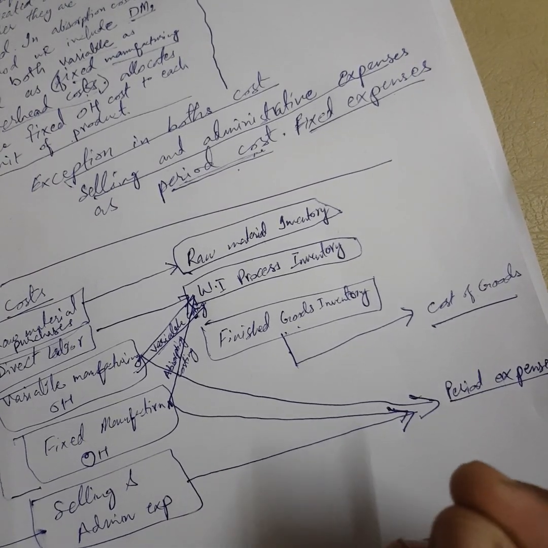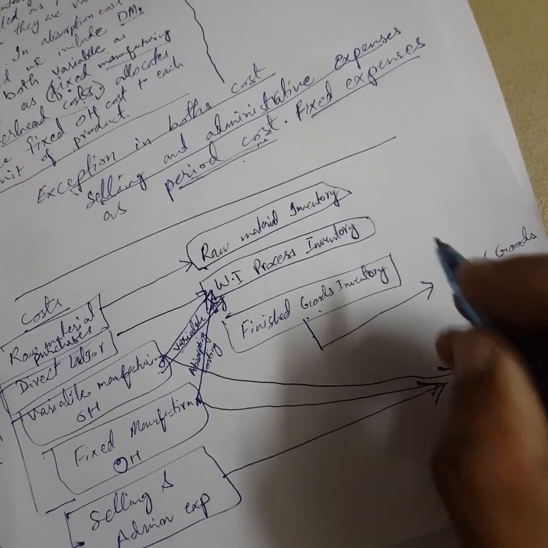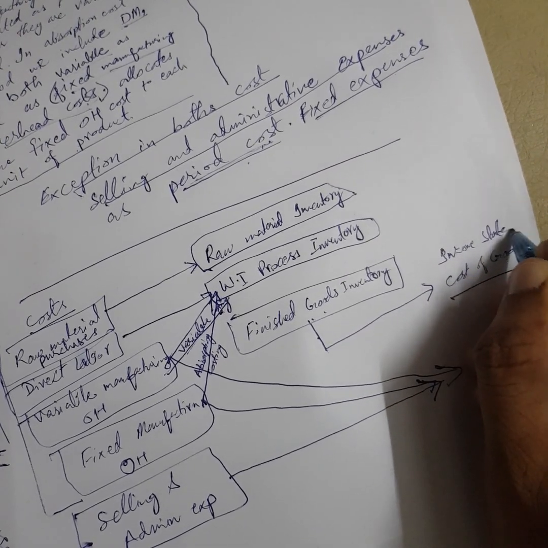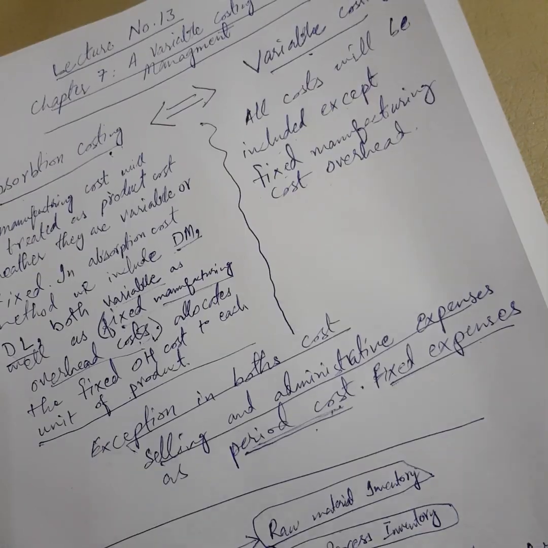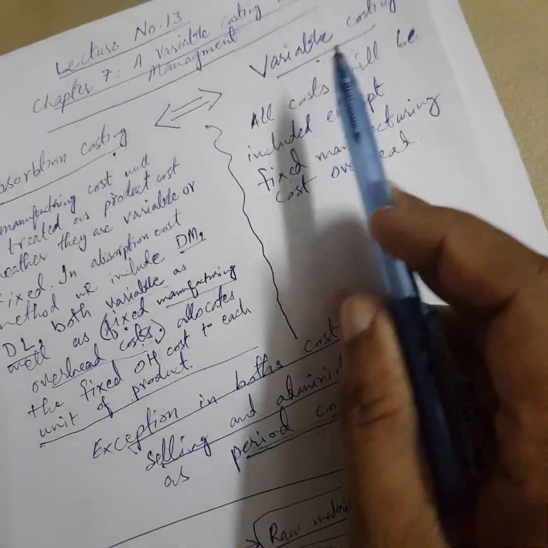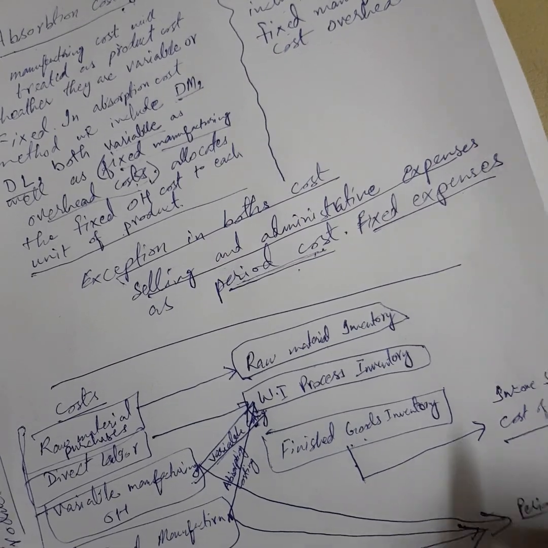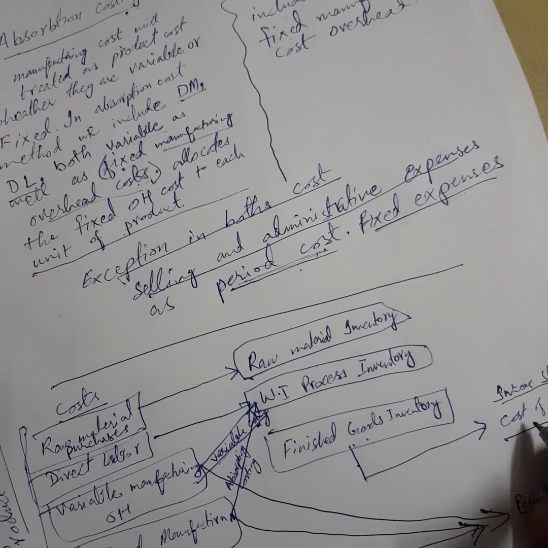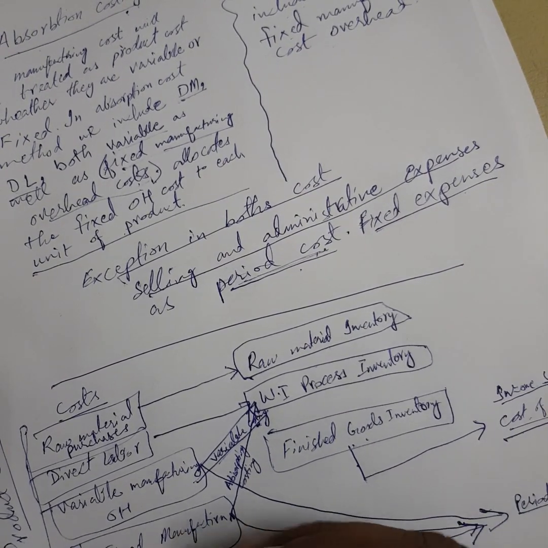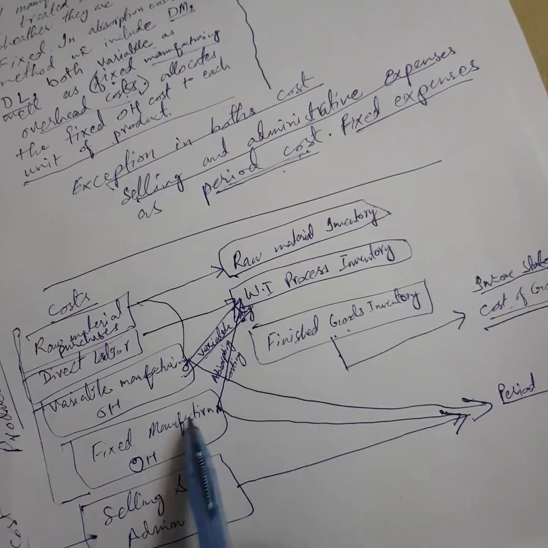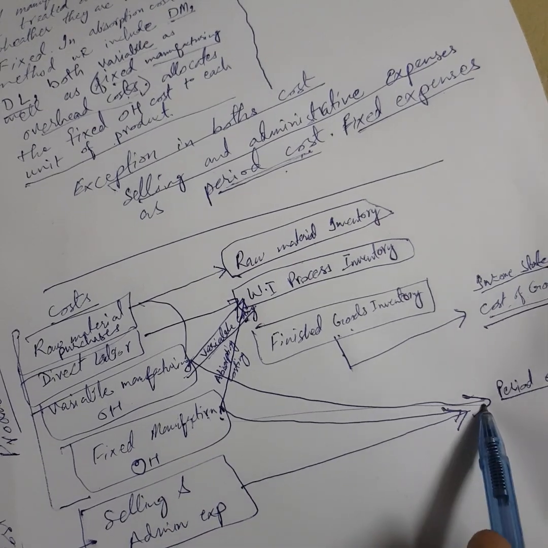The basic and main difference in making the income statement is this: the income statement will be made with two methods. One is the absorption costing method, second is the variable costing method. If we are making the income statement with variable costing and cost of goods sold, we will get these three figures, and fixed manufacturing overhead will become part of period expense.